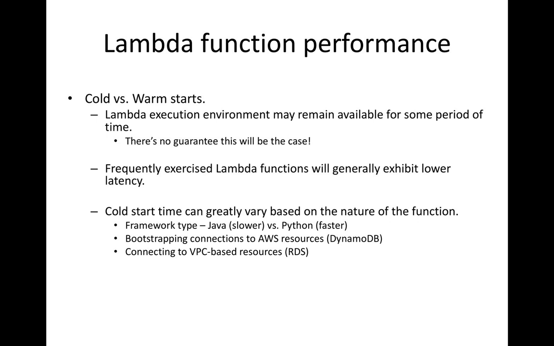And sometimes AWS can invoke a Lambda function in an already existing container, which is called a warm start. And this cold versus warm start issue is really important to understand because it can dramatically impact the performance of Lambda functions and of your serverless platform.